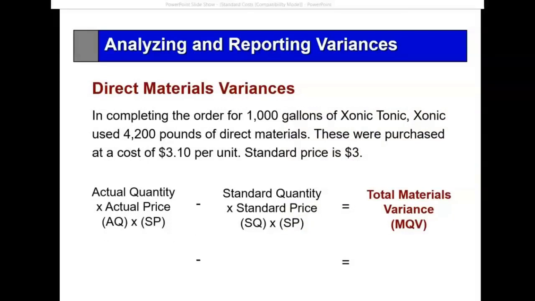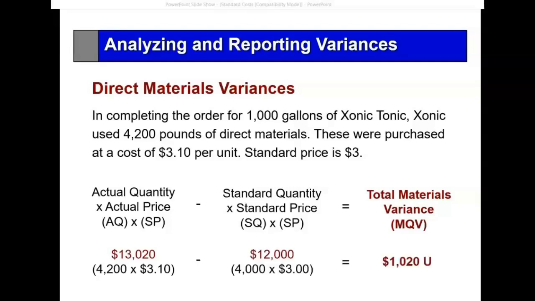So I'm freezing the quantity and comparing the actual price to the standard price at that quantity, and therefore 4,200 pounds times $3 is 12,600. I have a material price variance of 420 unfavorable. That's not that significant.